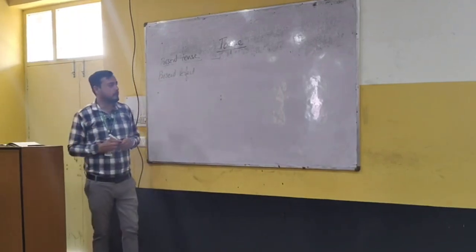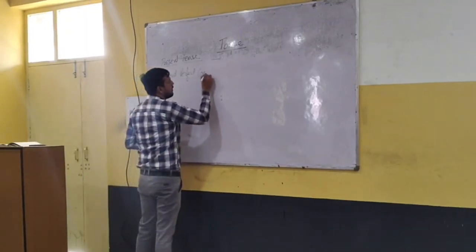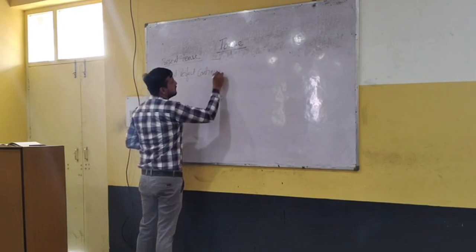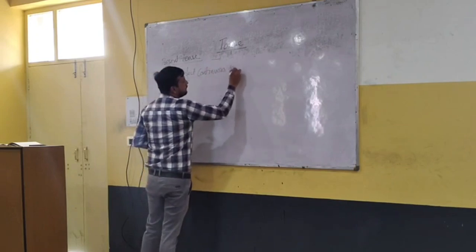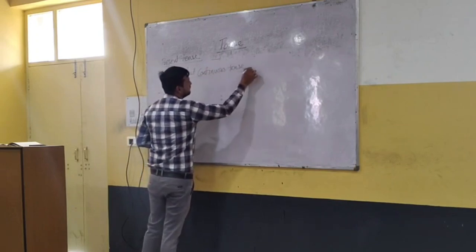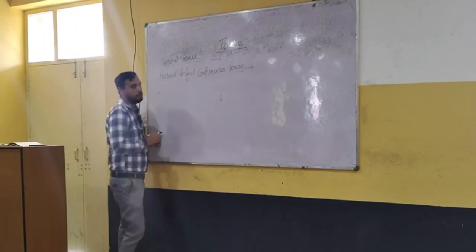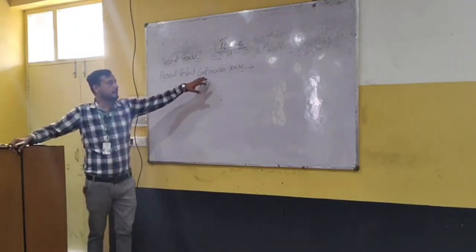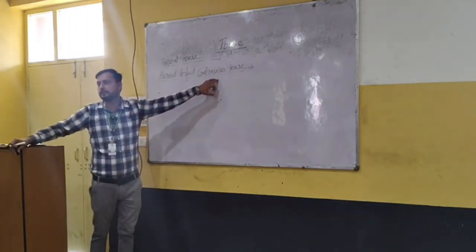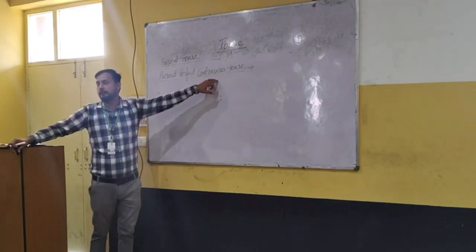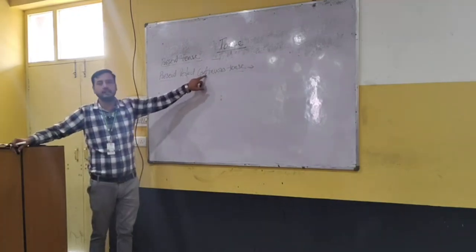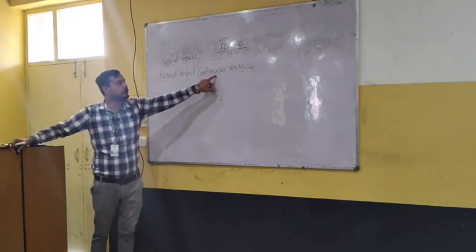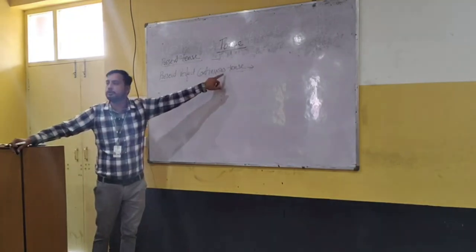Now come to the present perfect continuous tense. Many students have brought incorrect spelling of this word. Clear? How will you spell it? CONTINUOUS.